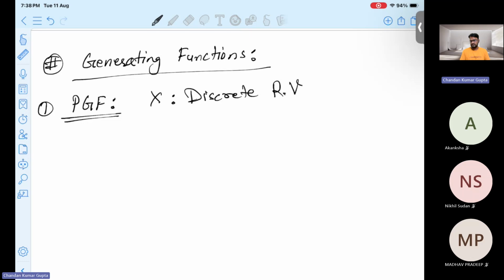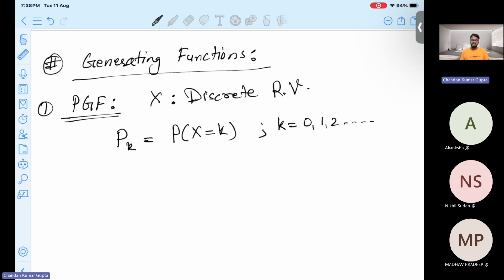Let me write p_k for short: probability that x equals k, for k equals 0, 1 to n. That means it is a discrete random variable, and this is the probability mass function given.